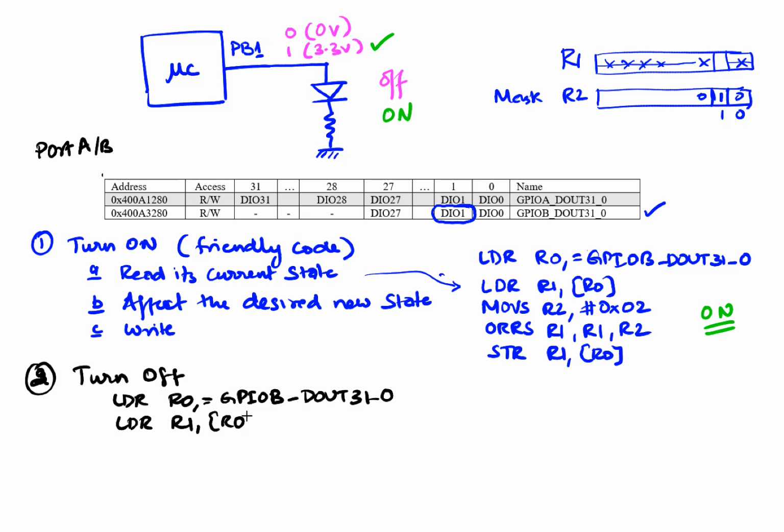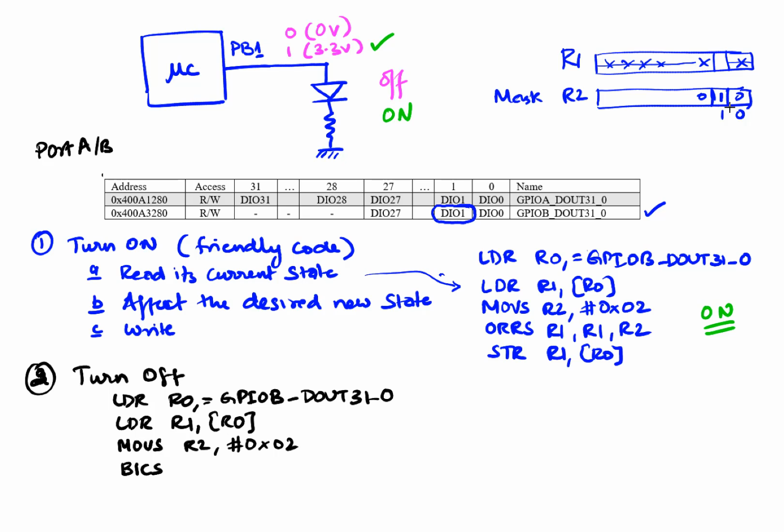But how do I clear a bit? We're going to do the same thing. We're going to use a mask. Remember, the mask is to tell us what the desired effect is. And the mask is still going to be the same, R2, #0x02. But this is where we're going to use a friendly operation called bit clear.